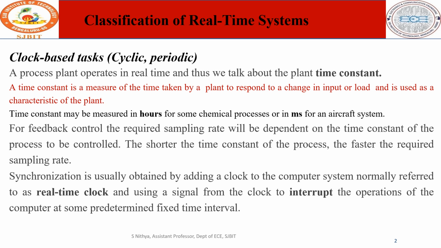Now, based on the previous diagram we have discussed, from the plant to the computer control, we are going to define the clock-based task, the event-based task and also interactive systems. Do you remember the diagram?